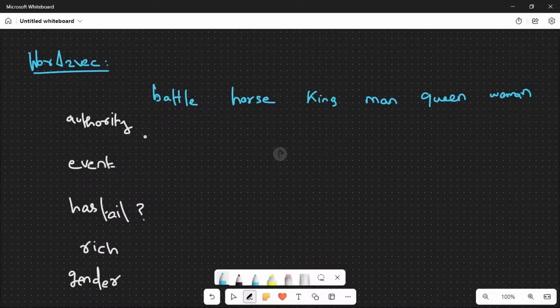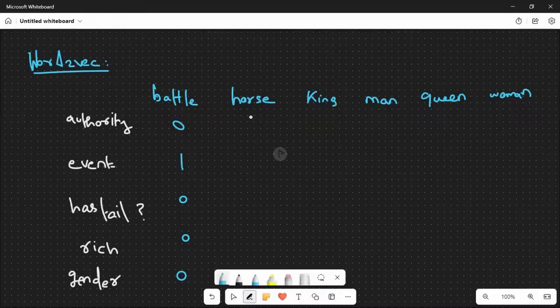Now let us see the relation. Whatever text you have in your input, for battle, whether it is authority, it is going to give 0. Whether it's an event, yes, it is an event, so it gives 1. Has tail, completely 0. Battle is rich, 0. And gender, this doesn't have any, so we keep 0.